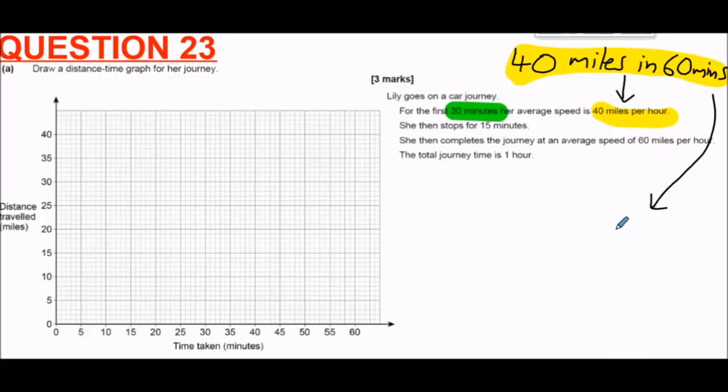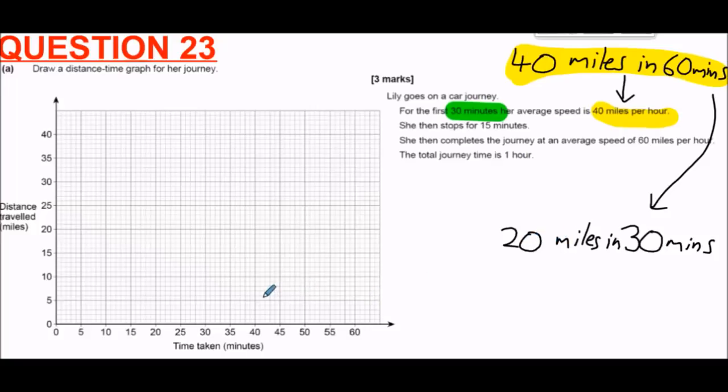She's travelling for only half of an hour. She would only travel half of 40 miles. Half of 60 is 30, half of 40 would be 20. So she'd do 20 miles in the first 30 minutes.